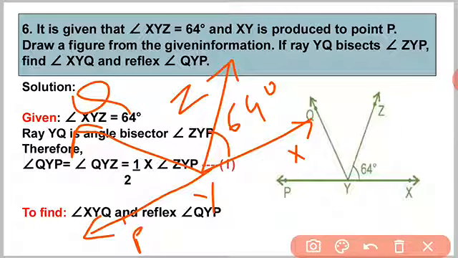It bisects this angle, so these angles will be equal, that is half of angle ZYP.